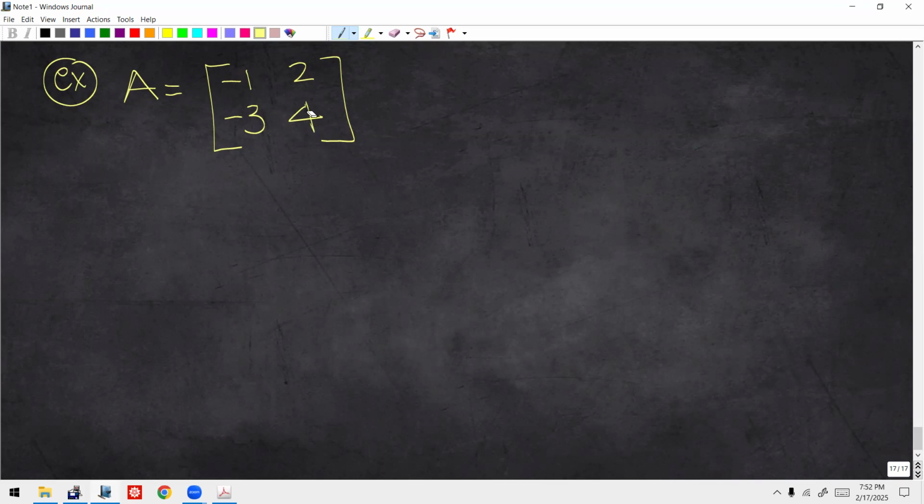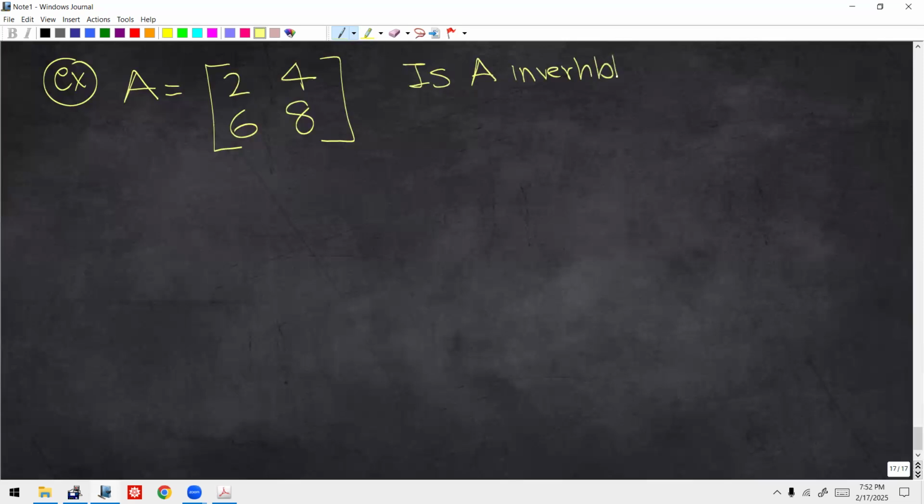Let me use this now. Let's use 2, 4, 6, 8. This is a 2 by 2 matrix. Now, the question is, is A invertible? If it is, then find the inverse.